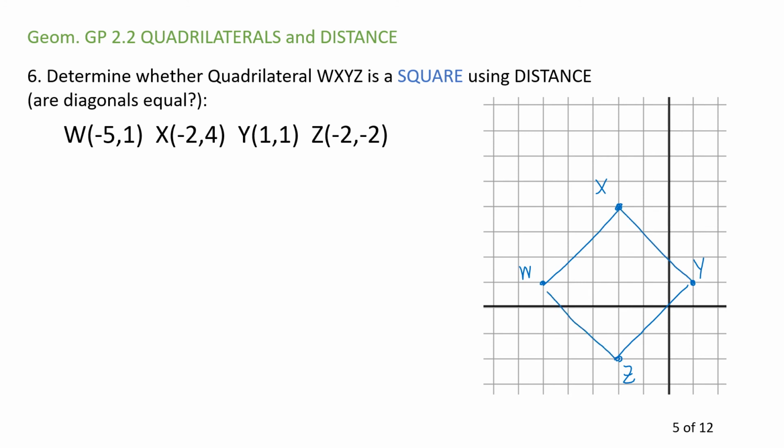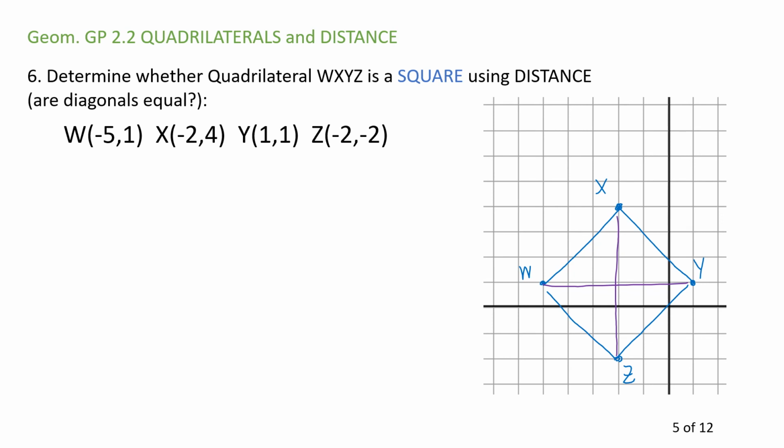I could find the slope, but I actually want to use the diagonals. And this is going to be quite easy, because if the diagonals are equal or congruent, then I can prove this is a square. I don't really need to look at the slope.